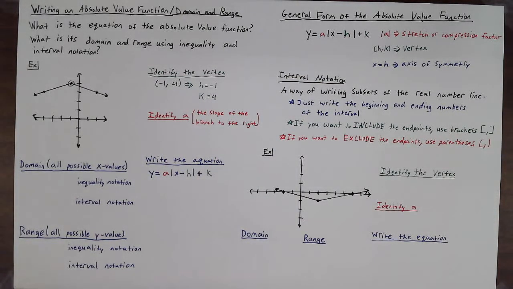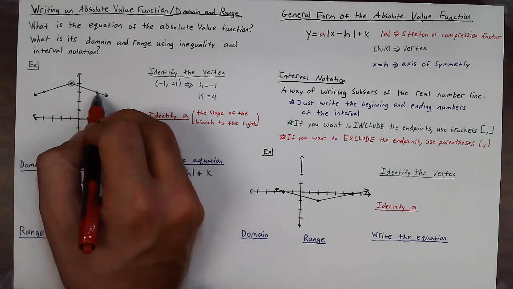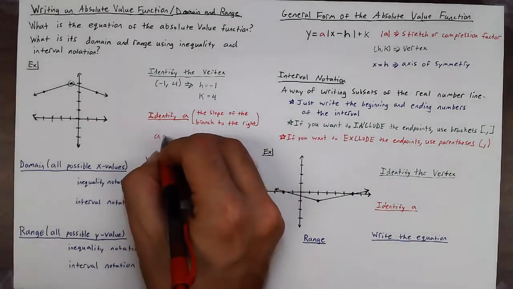We talked about in the previous lesson that it is usually just the slope of the branch to the right. So I can count that, and I can see that it goes down 1 and over 1, 2, 3, which is -1/3. So a must be -1/3.